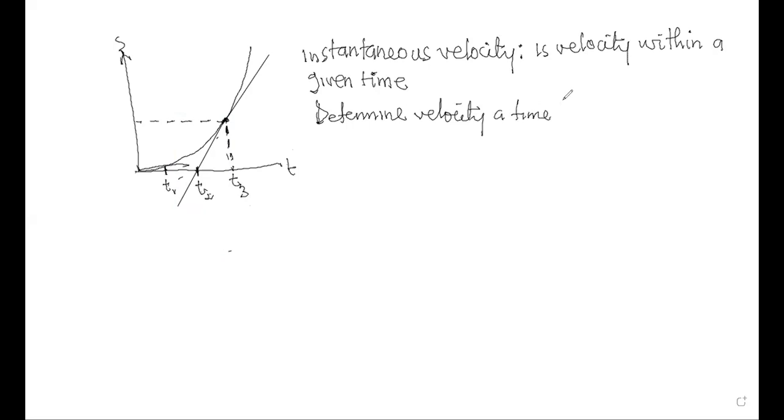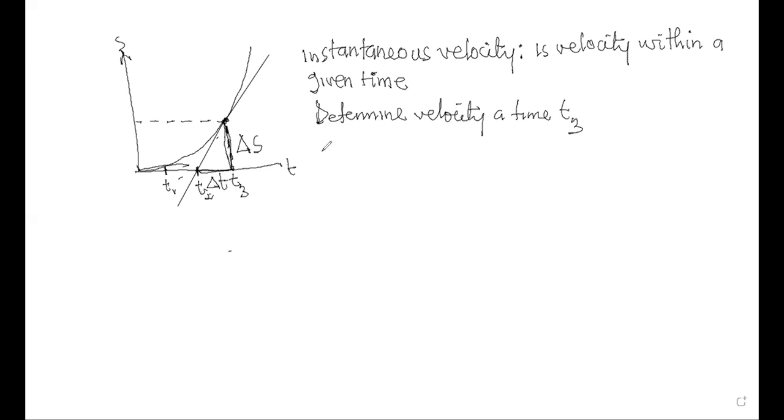We are using our time axis in terms of T's. So we are asked to determine the velocity within a time T3. So it means that it is the change in this vertical, which is delta S, over the change in the horizontal, delta T.